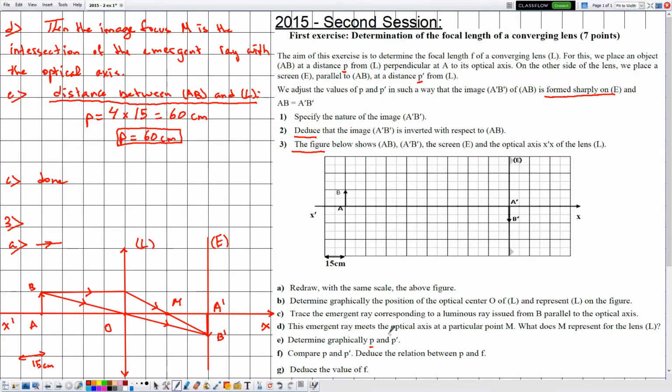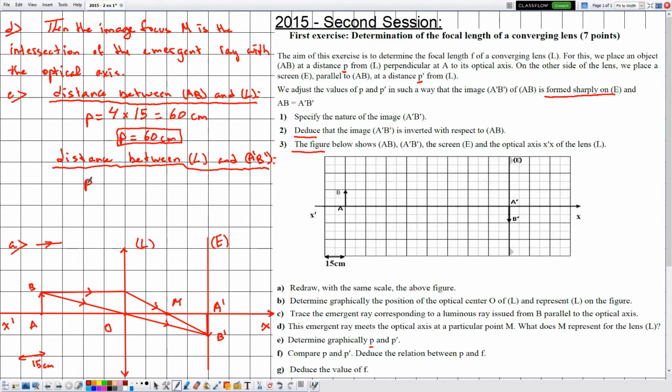And now they are also telling me P prime. P prime represents the distance between the lens and the image A prime B prime. So distance between L and A prime B prime.